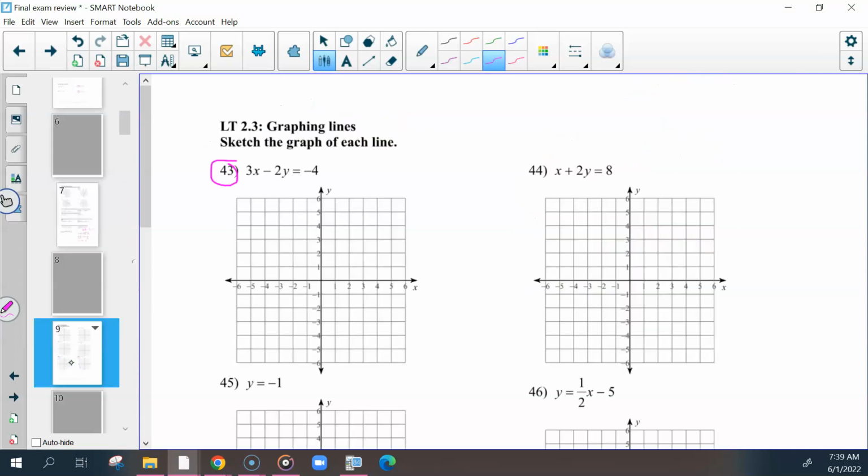On the next page. Wait, don't give that to them. Probably. Okay. Do you want to go do that now, Evan?